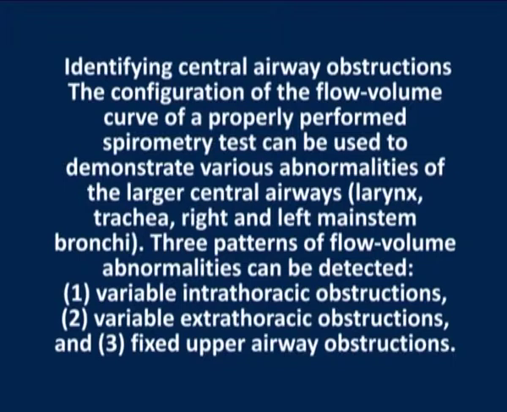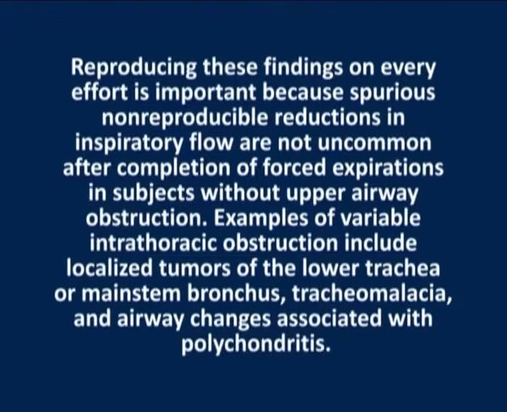One is variable intrathoracic obstructions. Second is variable extrathoracic obstructions. And third is fixed upper airway obstructions. Reproducing these findings on every effort is important because spurious, non-reproducible reductions in inspiratory flow are not uncommon after completion of forced expirations in subjects without upper airway obstruction.